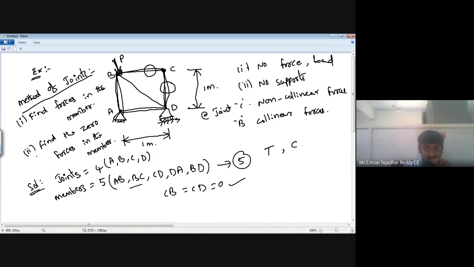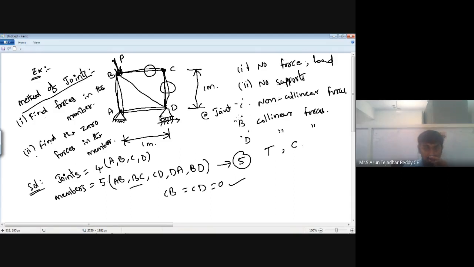Or if you take joint D also, it is collinear forces. What is the difference between collinear and non-collinear? First, you need to understand these points. After that, we can move to further steps.